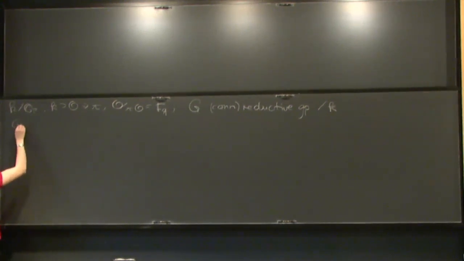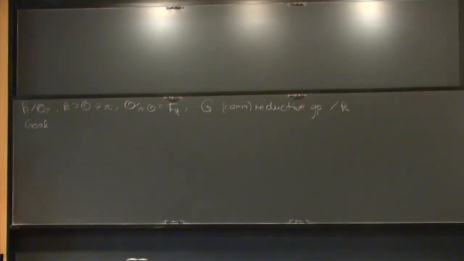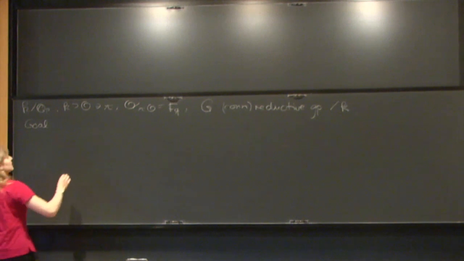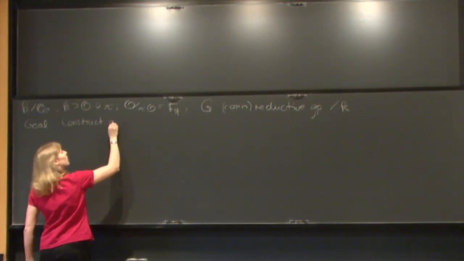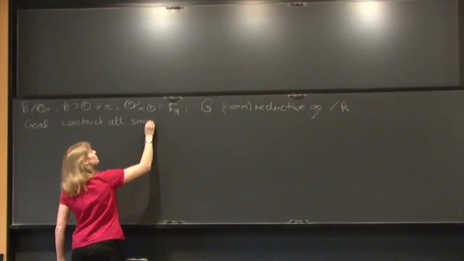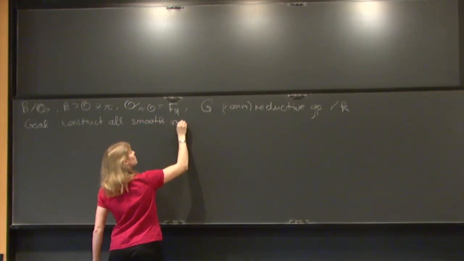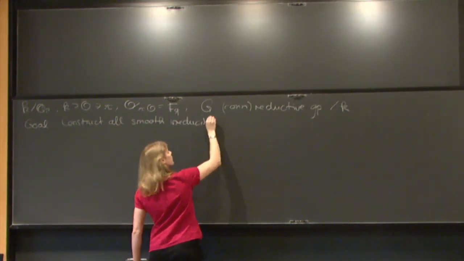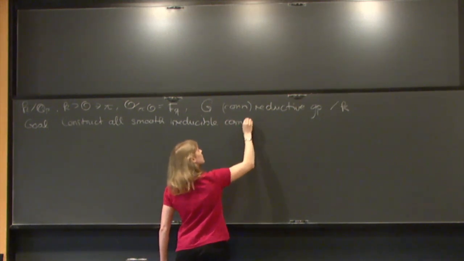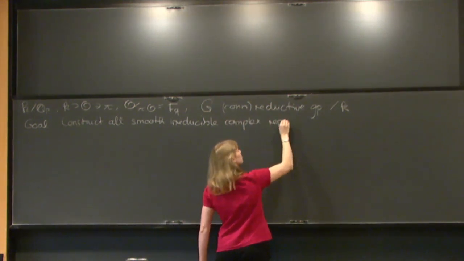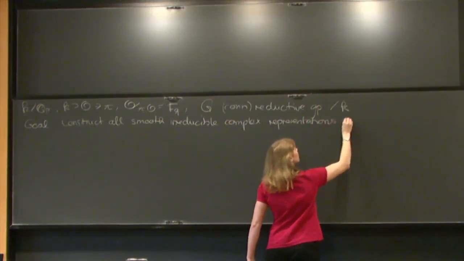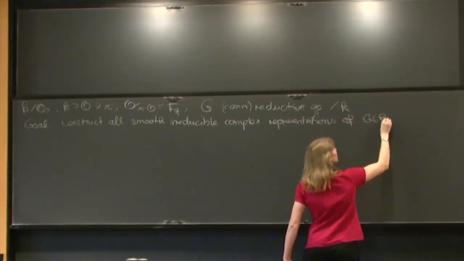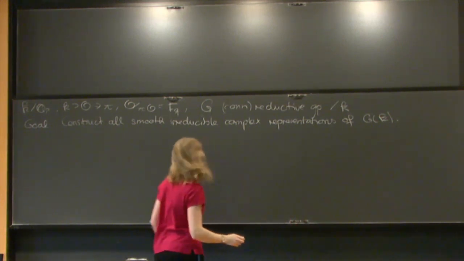So what is the goal? The goal for a long time was, and still is, that we want to construct all smooth, irreducible, complex representations of the group G(K).